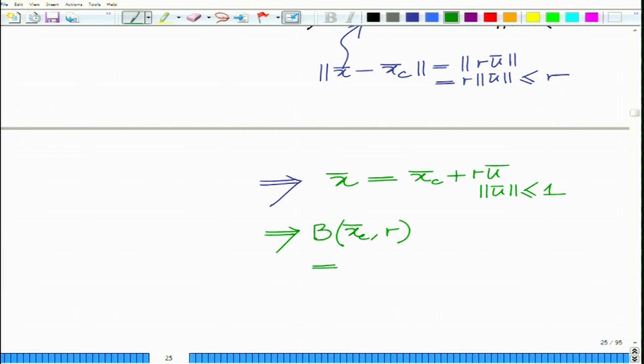also in the following form, that is equal to the set of all vectors x bar c plus r u bar such that norm u bar is less than or equal to 1.